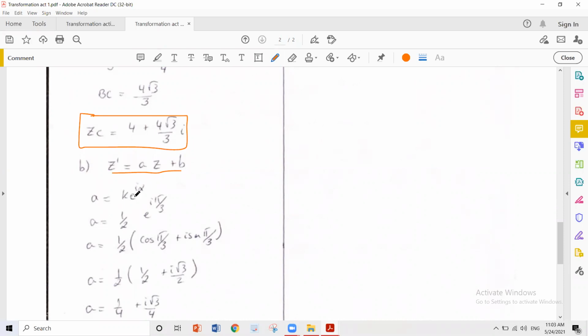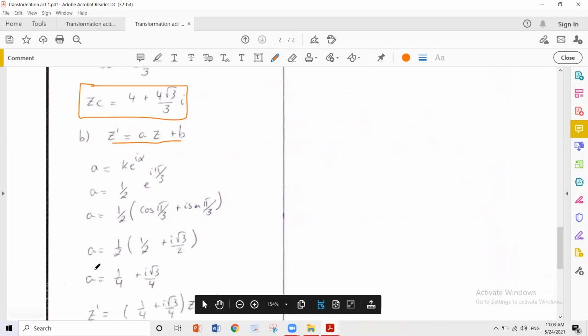A equals K e to the i alpha. K is half, e to the i pi over 3, equals half cosine pi over 3 plus i sine pi over 3, equals half plus i radical 3 over 2, equals 1 over 4.